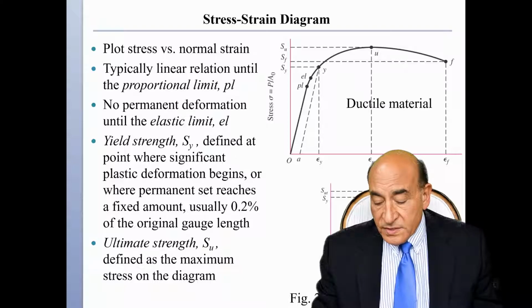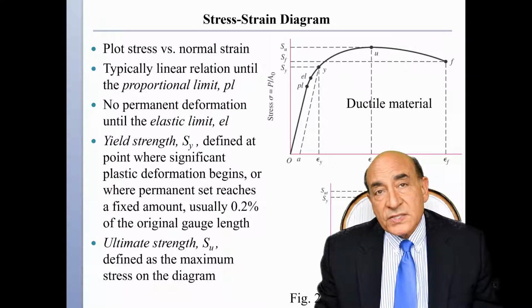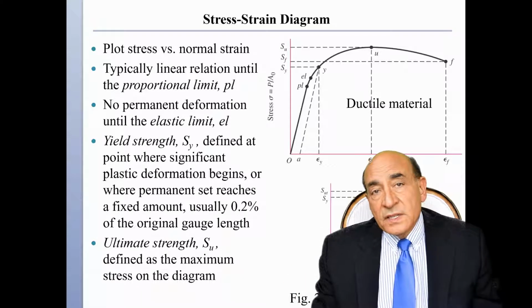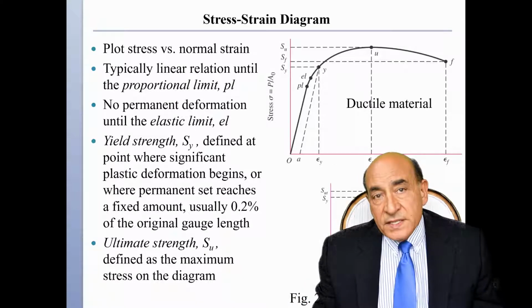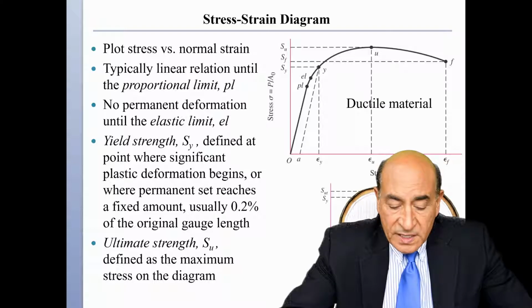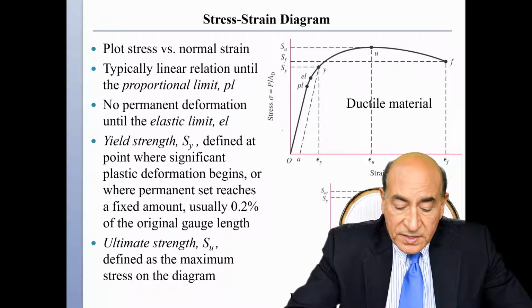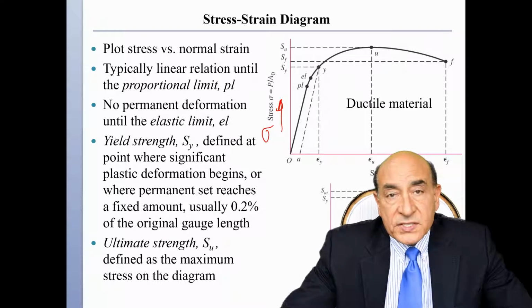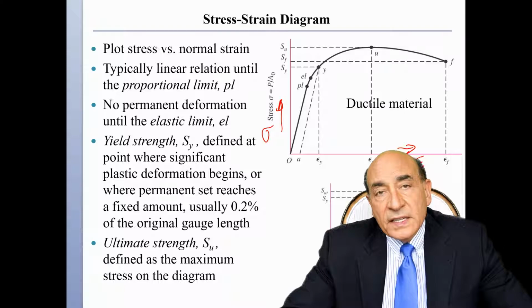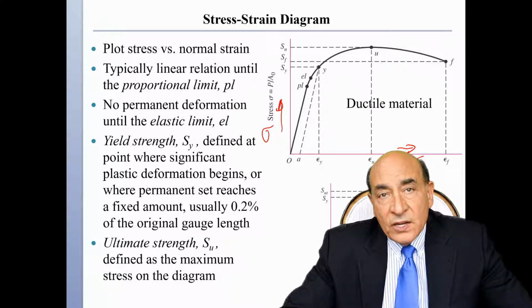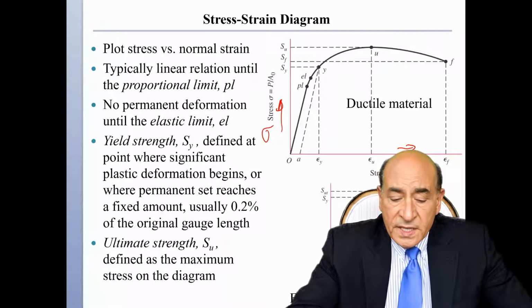So let's look at the engineering stress strain curve for ductile materials and for brittle materials. Let's describe it. On this axis I have the engineering stress that I define sigma. On this axis I have the engineering strain that I define epsilon. And along the way there are specific important points.